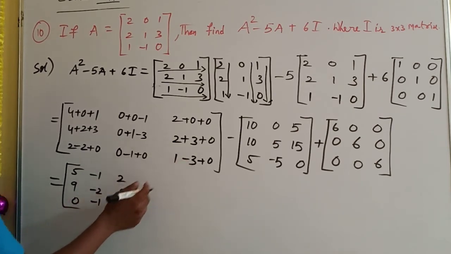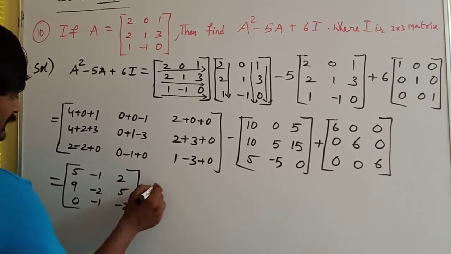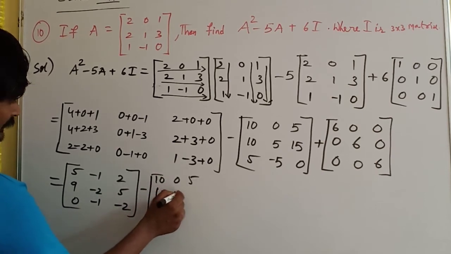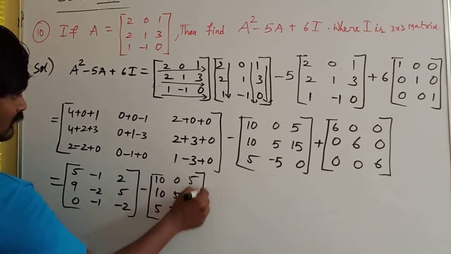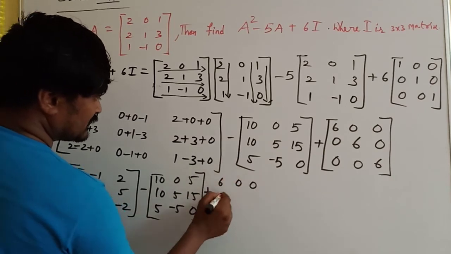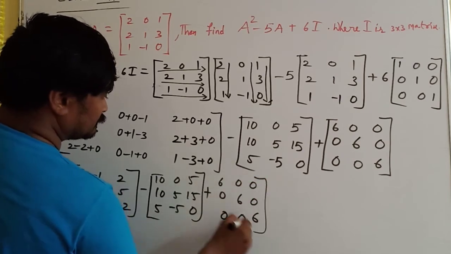Your minus 3 plus 1 means minus 2. Correct. Next, minus 10, 0, 5, 10, 5, 15, 5, minus 5, 0, plus 6 0 0, 0 6 0, 0 0 6.